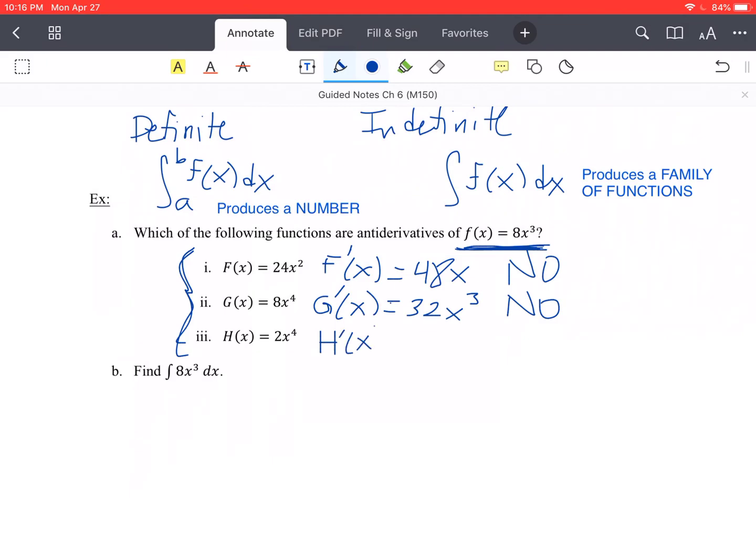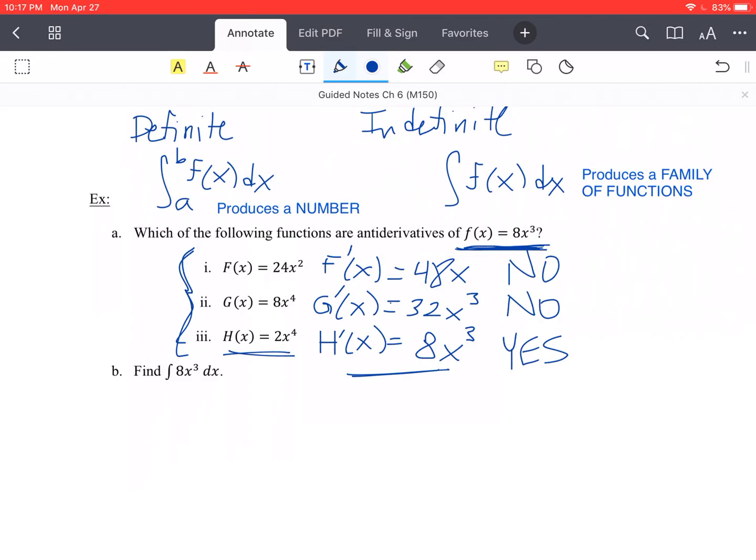Okay, and then let's check the last one. H prime of x. 2 times the 4, using the power rule, 8, we're left with an x cubed. So notice, the derivative of this one is 8x cubed, which means the antiderivative of 8x cubed is this function. So that would be a yes from us.